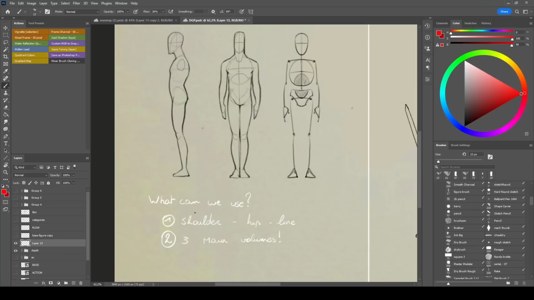Now, what can we use to create an interesting pose? We have the shoulder and hip line, first of all, and then we have the three main volumes. So the shoulder and hip lines kind of speak for themselves. When we connect our two shoulders and our two hips with a line, then we end up with a very clear indication for a nice and dynamic gesture.